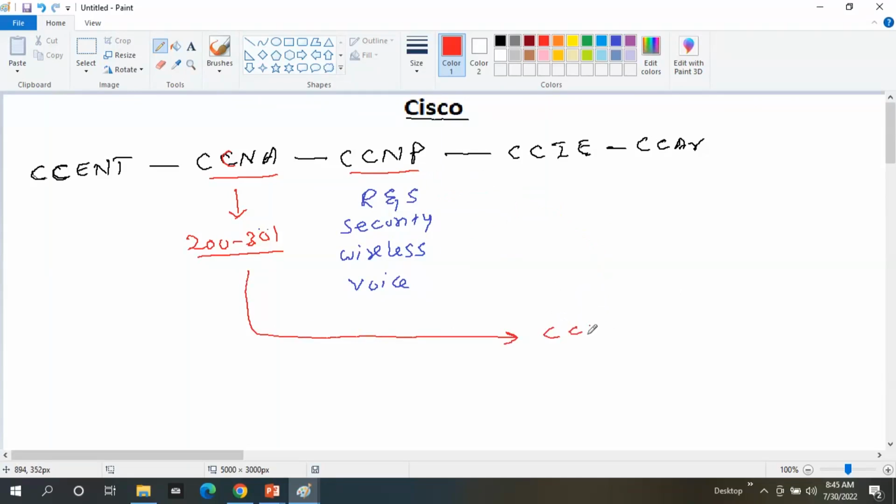That is CCNA plus. Every network engineer should also know about security threats and how to control them, because we should know not only how to build a network but also how to protect it. Network security is also important. So we are going to focus mostly on routing and switching technologies and the security part, but we'll try to cover some fundamentals of wireless and voice also. No problem.